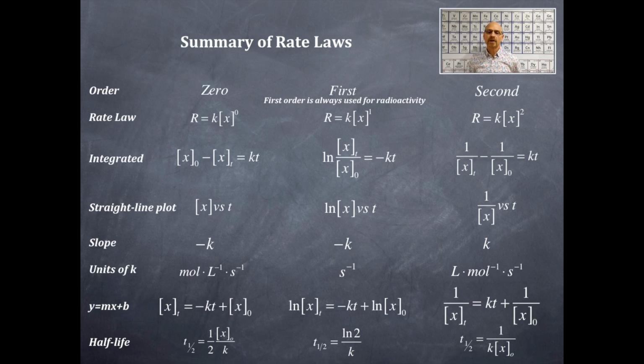And the half-life equation for second order is t of 1/2 is equal to 1 over k times x sub naught. Notice again that both zero order and second order have a half-life that is dependent on the initial concentration, unlike first order where the half-life is not dependent on the initial concentration.